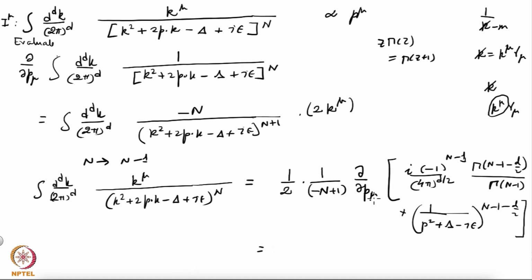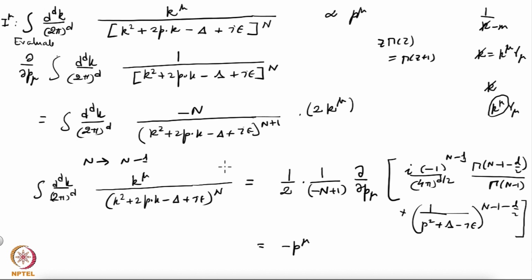Taking a derivative from this thing, the final result I am writing, you can check, is minus p mu. As I said, the result will be proportional to p mu.